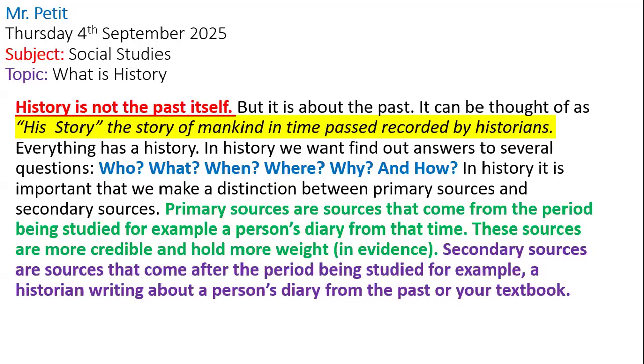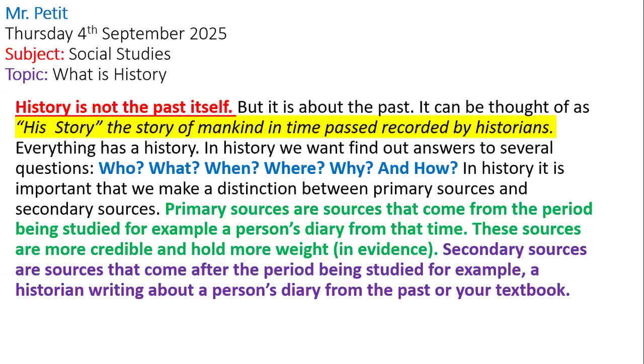History is not the past itself, but it is about the past. It can be thought of as his story, the story of mankind in time past recorded by historians. Everything has a history. In history, we want to find out answers to several questions: who, what, when, where, why, and how. In history, it is important that we make a distinction between primary sources and secondary sources.